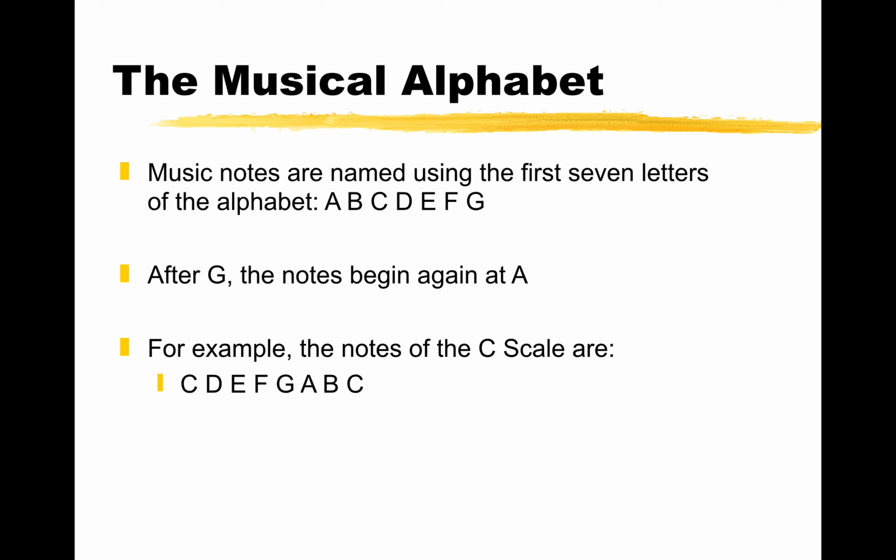We don't always start on A, though. We could start on C, and if we go in order, it would go C, D, E, F, G, and then A, B, C. So it is important to know that notes move alphabetically.